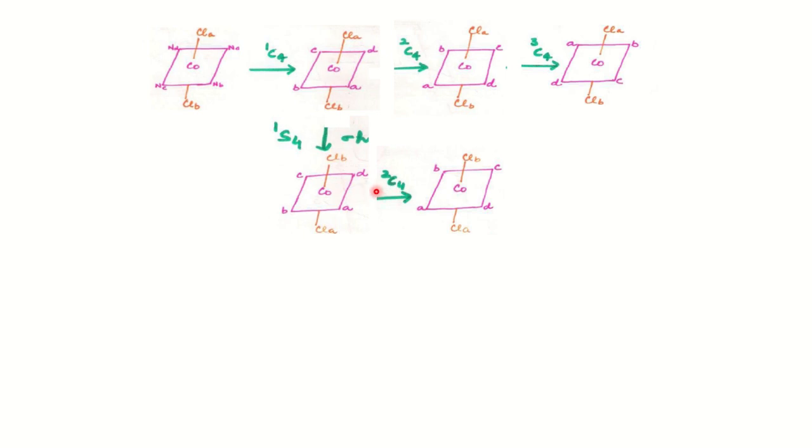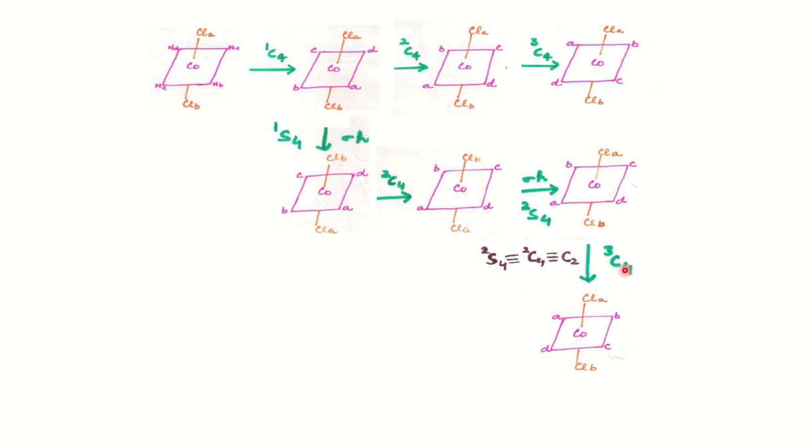Further, the second time if you perform the rotation on this molecule, we have already written it here like this, and you get this structure. Again, followed by reflection, the chlorines will change position, and this is considered S4^2. Then the third time, if you do rotation, you will get the same interchange.